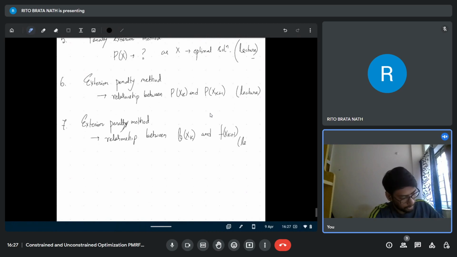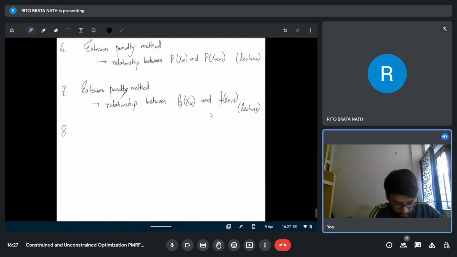This is again from the lecture. Eighth: exterior penalty method obtains a sequence. Okay, very same kind of problem. But this one is Q(c_k, x), which is nothing but f(x) plus c_k times B(x).